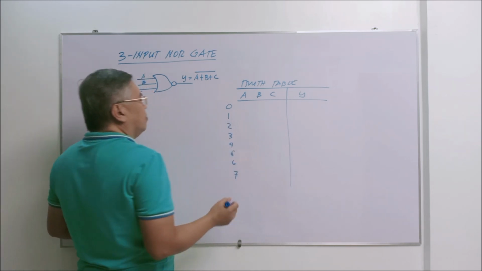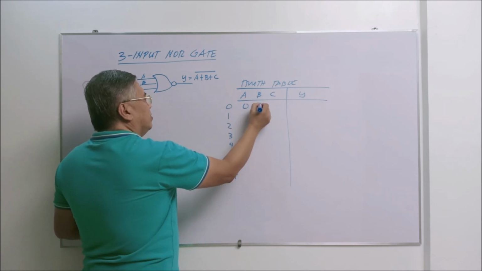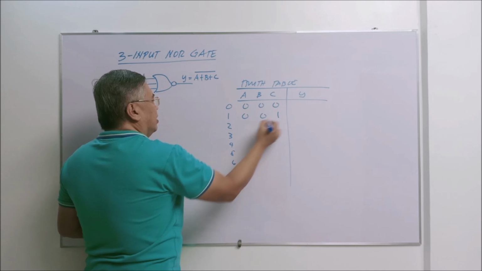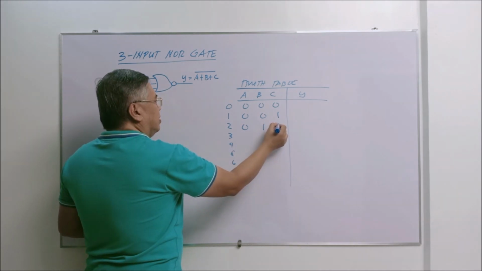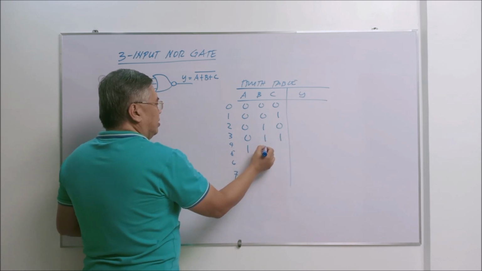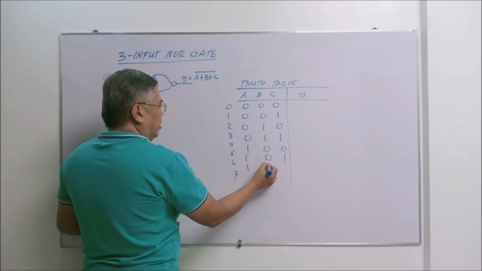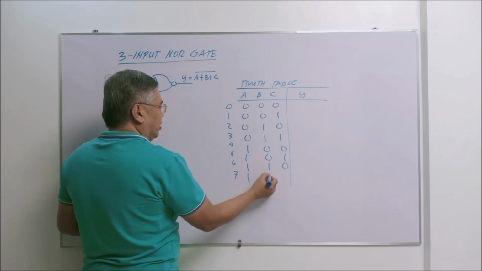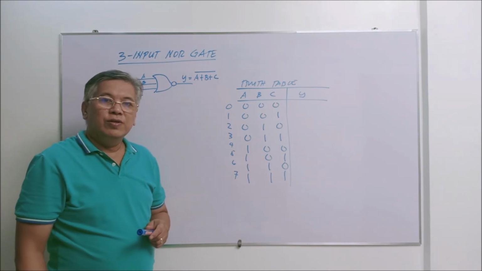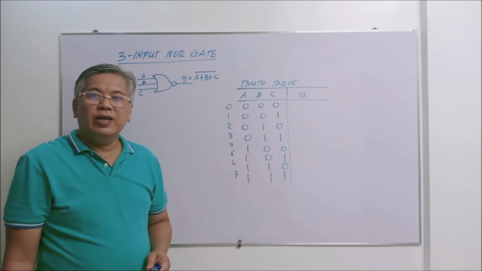The binary equivalents are 000, 001, 010, 011, 100, 101, 110, and 111. Based on our definition for the NOR gate, all inputs must be low to get a high output.